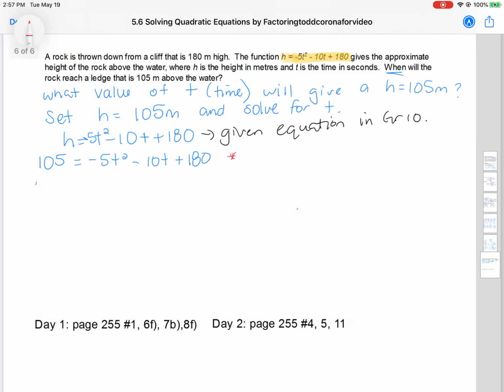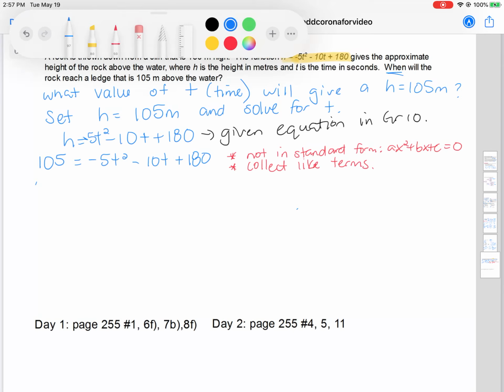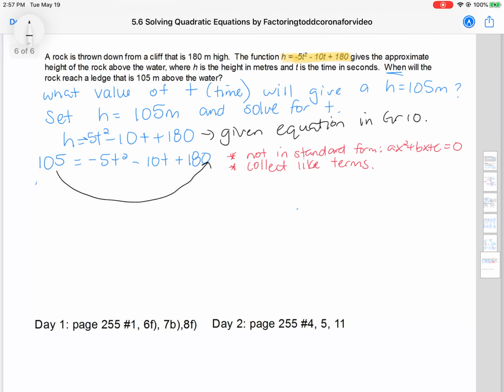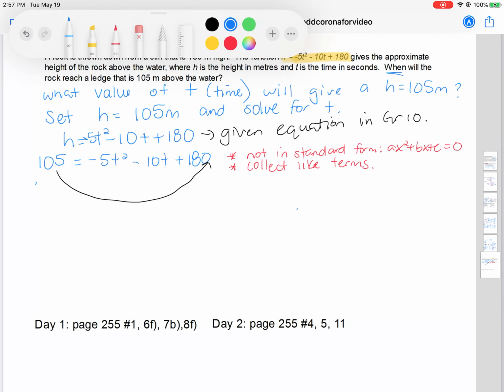First of all, it's not equal to 0 anymore. It's not in what we called standard form. And it also has like terms you can collect, which we usually simplify in math, right? But there's not many terms to collect, so I'm going to use a different color.